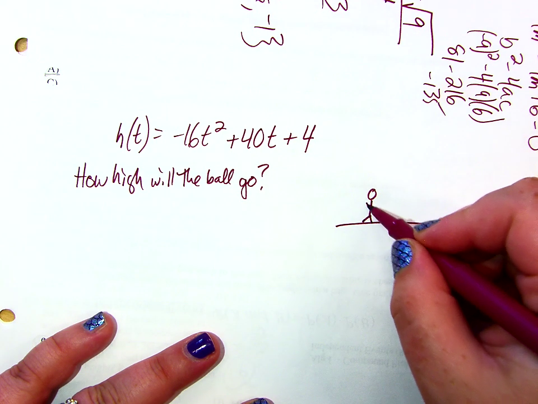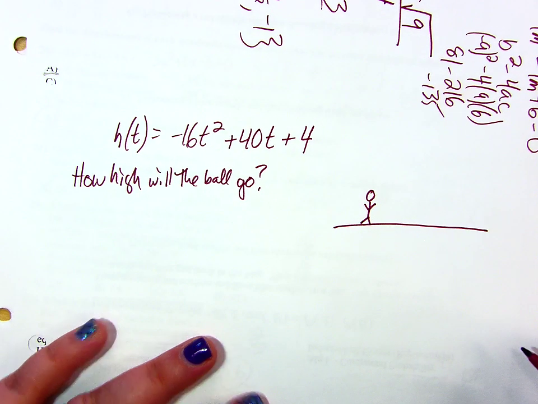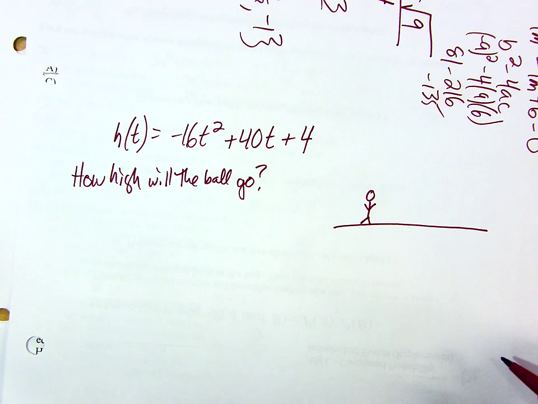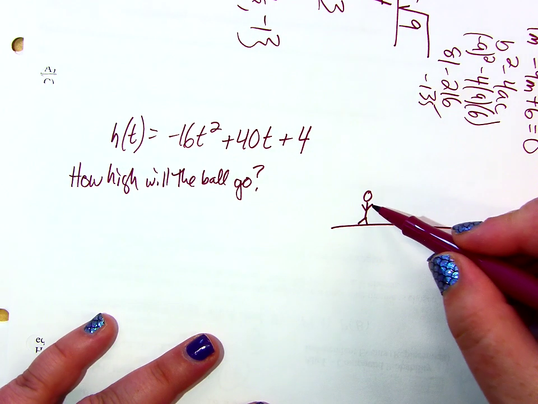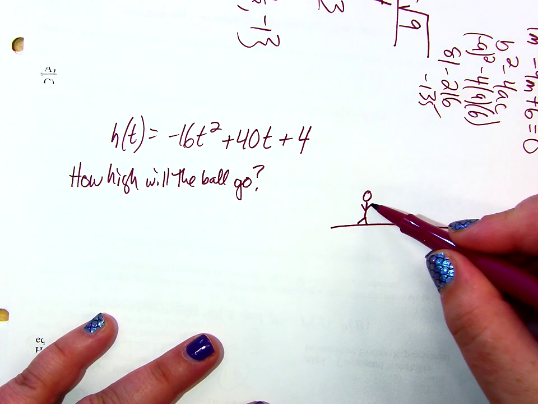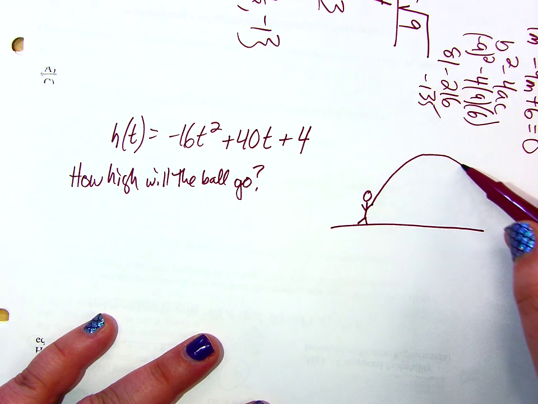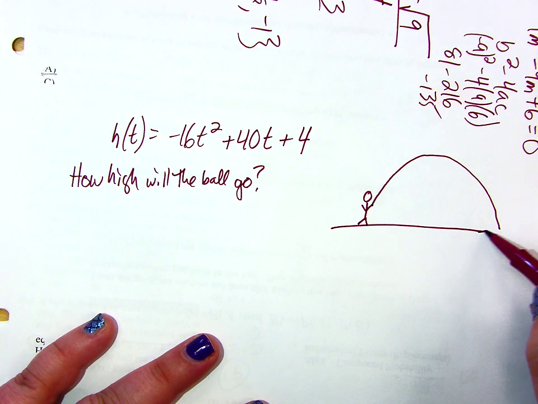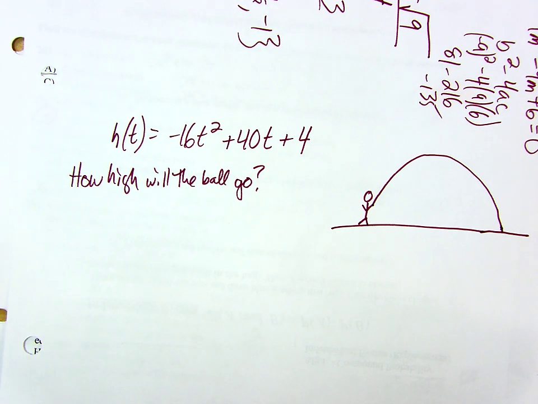There will be a little paragraph that describes that you're going to throw a ball starting from a height of 4 feet. So let's pretend you throw a ball. When it leaves your hand, it's already 4 feet up. You're going to throw the ball, and it's going to look something like that. So, where does the ball reach its highest height?